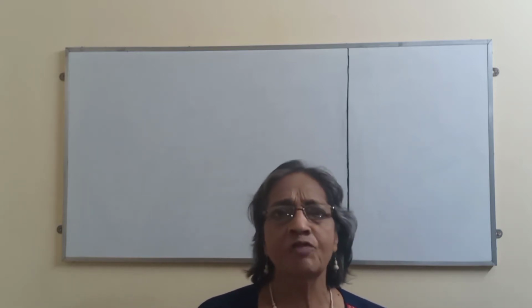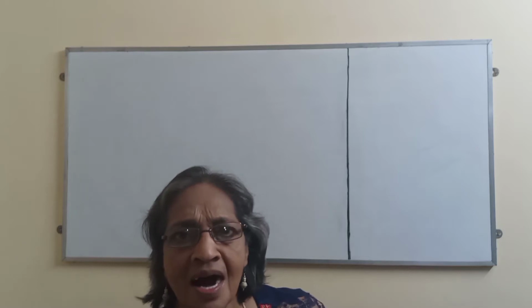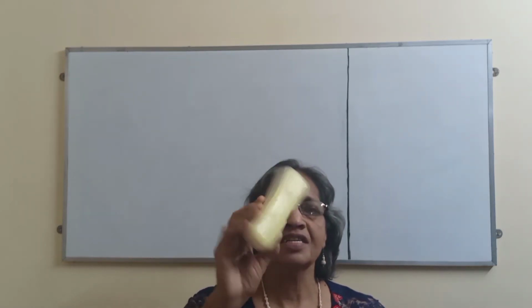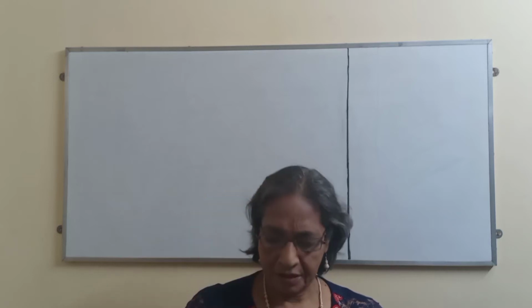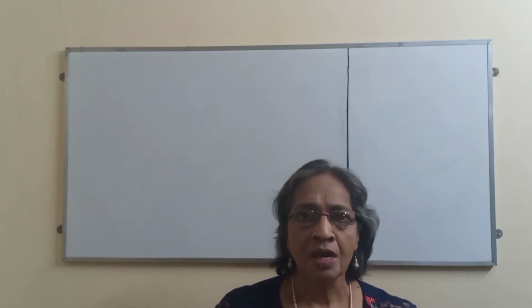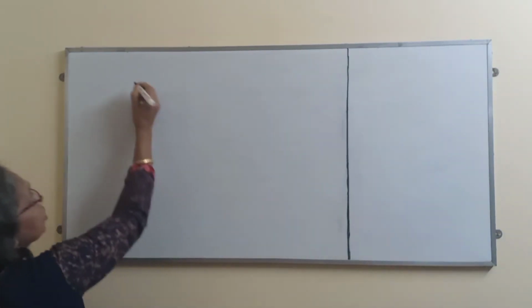So let's take for example, I have some article like this. On this article there is a price written which is called the marked price.